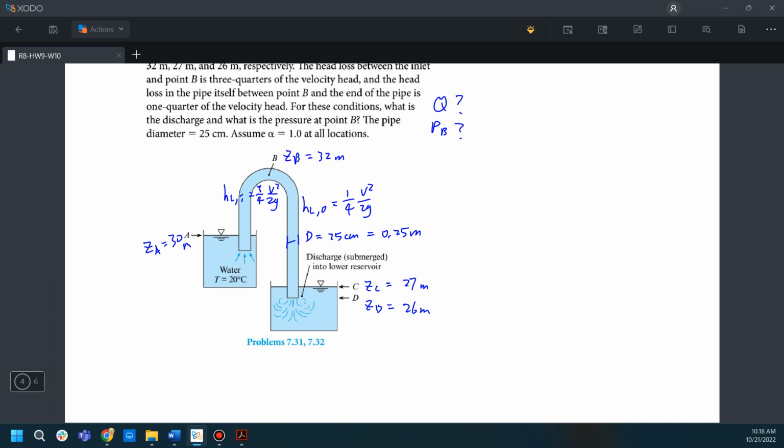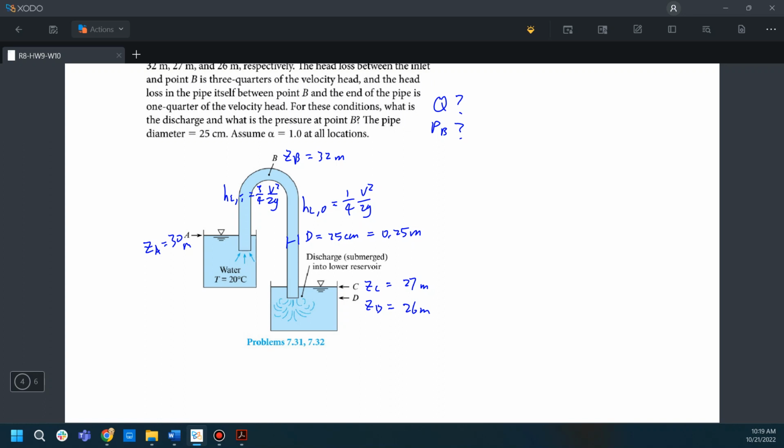The velocity inside this pipe should be the same from the inlet to point B and from point B to the outlet, because we assume that the fluid is incompressible and the area is not changing.